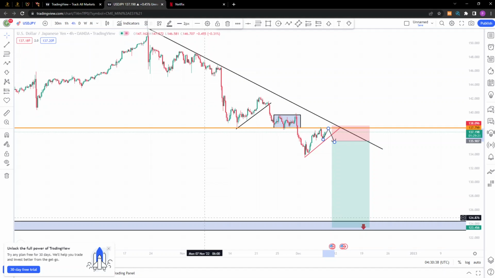You want to write UJ, USD, JPY. Overall, what are you looking at? Overall downtrend, or change of trend, because UJ at the time was pushing up.